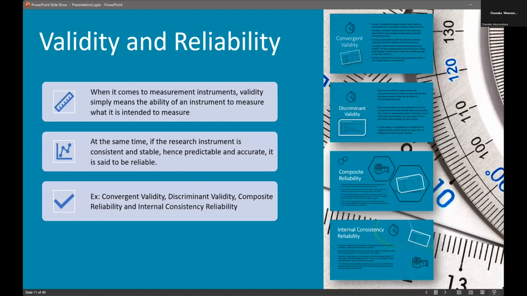Not in general sense, actually. So when it comes to research, these two words are very important. So validity, let me explain it to you by using an analogy of a clock. Now, if you have a clock at the moment, if that clock shows you the right time at the moment, we can say it's valid, it's accurate, the validity is good.